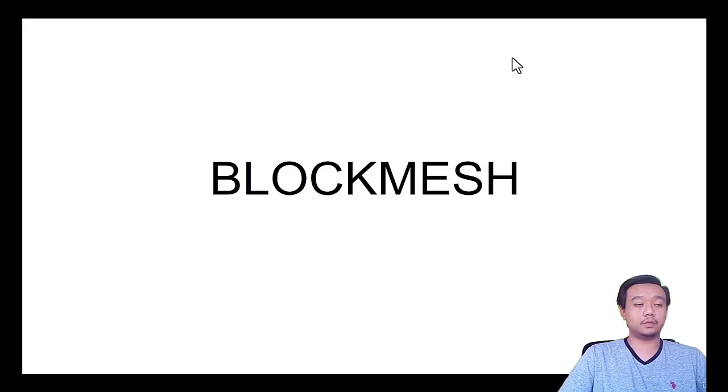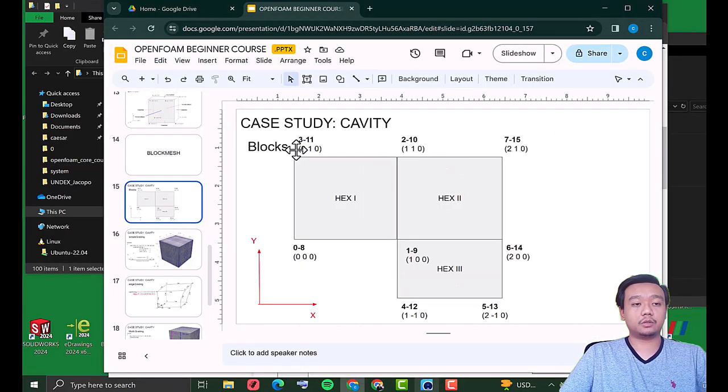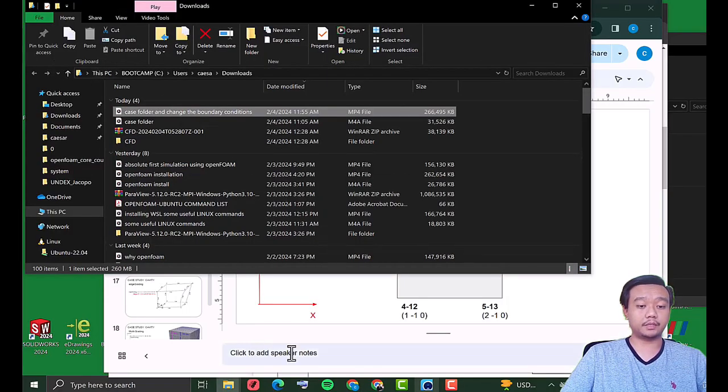And also, we will make some modification about the mesh, so we will not make just a simple block, but we will make this geometry which consists of 3 blocks and make our simulation a little bit interesting.